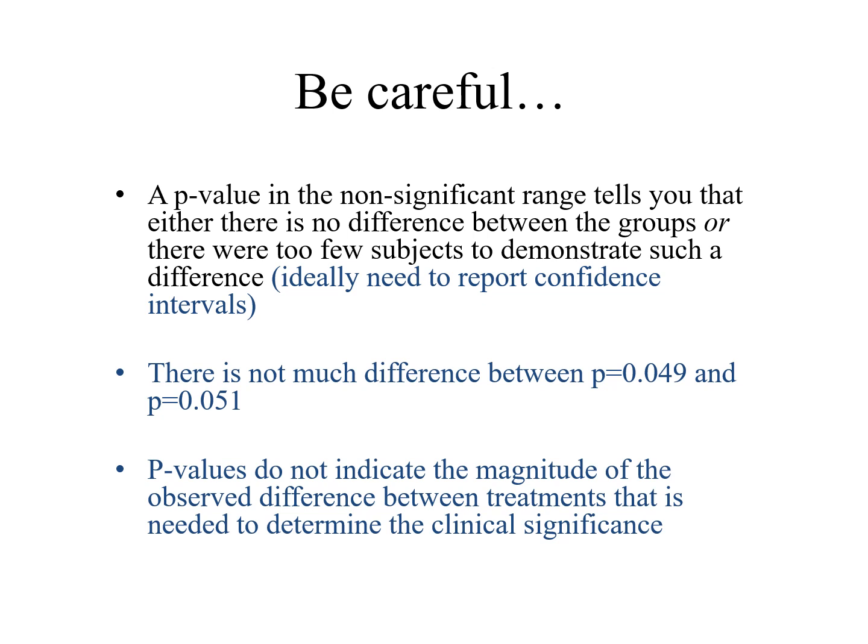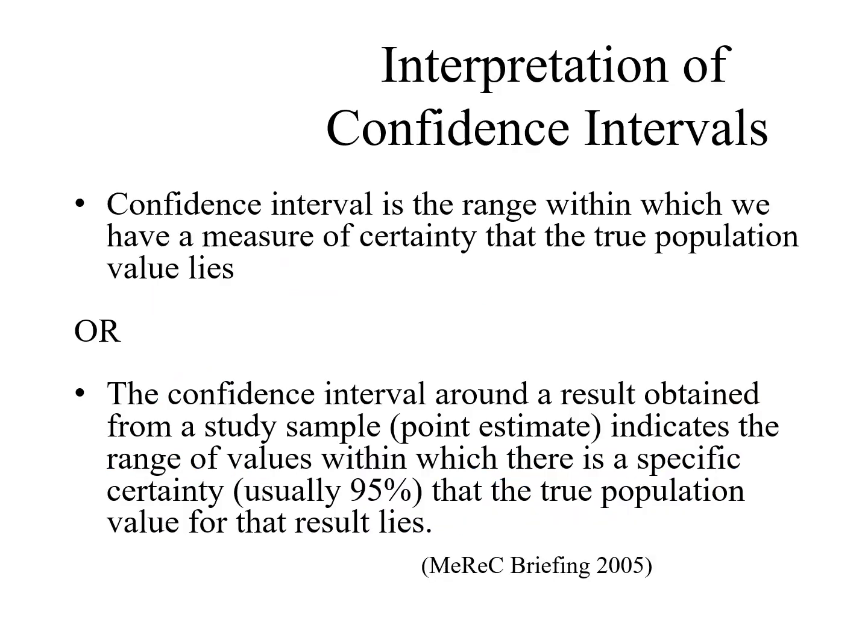A p-value in the non-significant range tells you that either there is no difference between the groups or there were too few subjects to demonstrate a difference. There is not much difference between 0.049 and 0.051. So p-values do not indicate the magnitude of the observed difference between treatments that is needed to determine clinical significance.